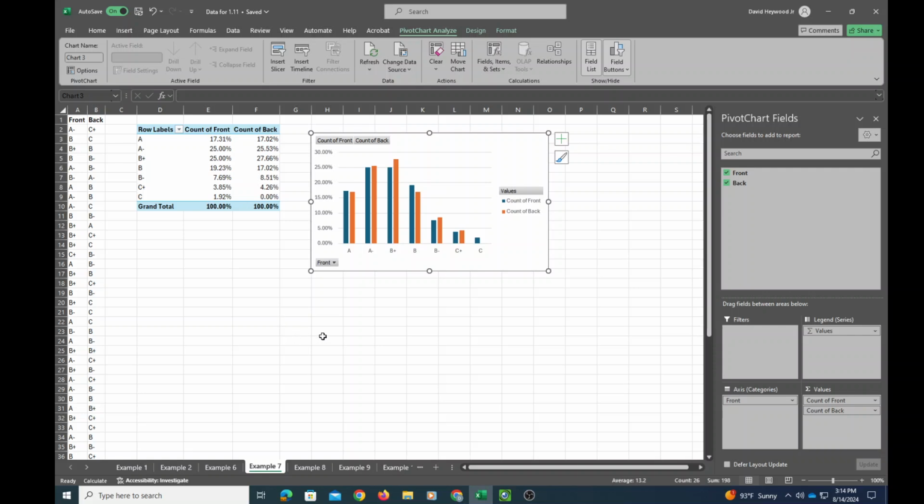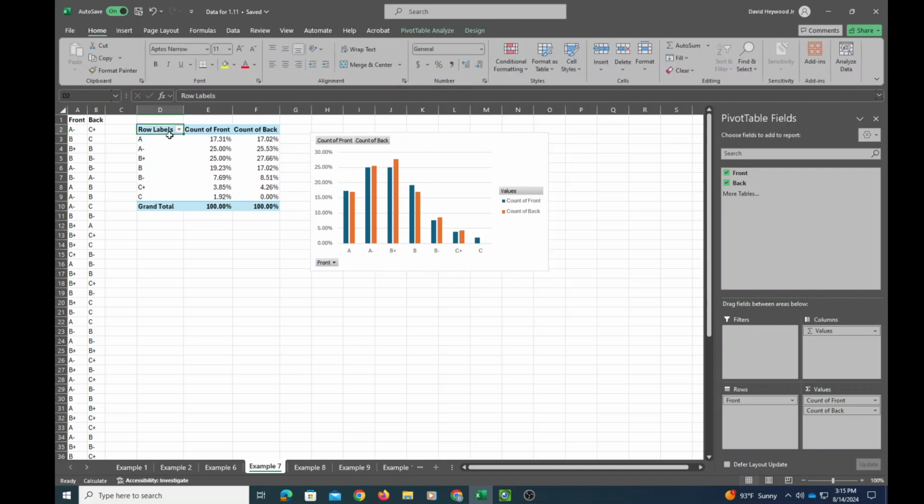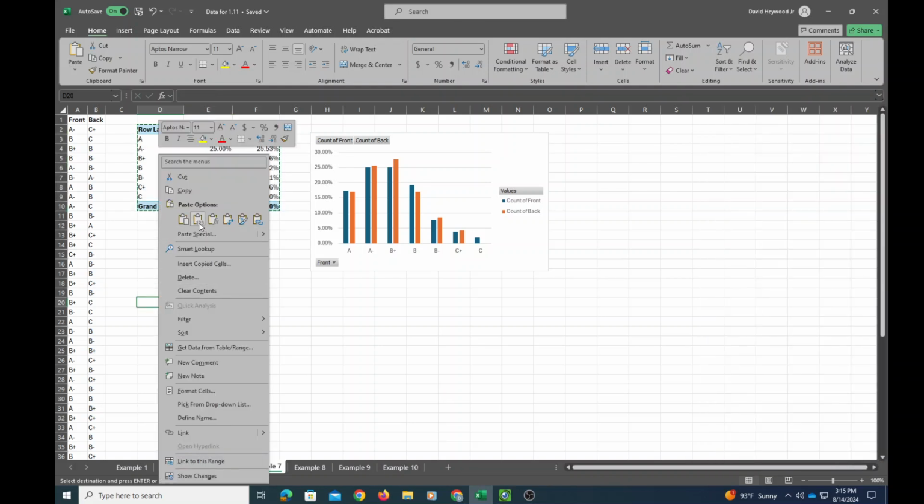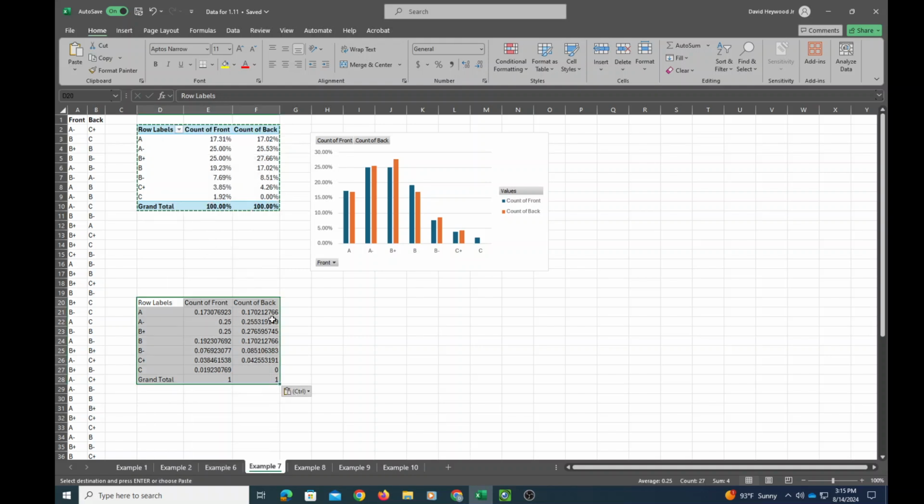Okay, let's compute the IQV now. This is a little bit more of a pain, but we can do it. So I'm going to select my pivot table, copy it, and then let me paste it down here, but I'm just going to paste the values only. Okay. And now here I want to compute the squares of those proportions.